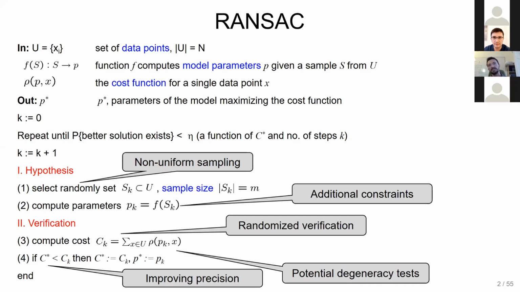You can explicitly try to minimize the number of verifications that you do, the number of cost computations. And I'll speak about certain problems introduced by degenerate configurations, and also about how to improve the precision and stability of RANSAC.